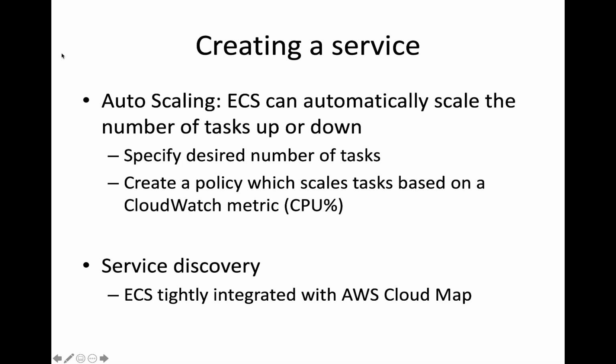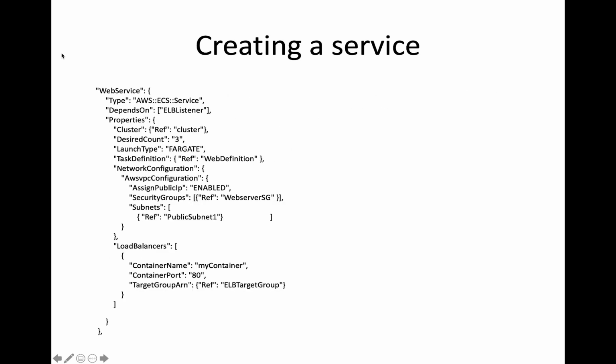So we could scale tasks based on the platform demand. And then, as I mentioned, we can leverage service discovery, where we can leverage something like AWS Cloud Map for service discovery within the cluster. Here's an example of a CloudFormation resource definition for an ECS service. You can see that we're referencing the cluster in the service definition.